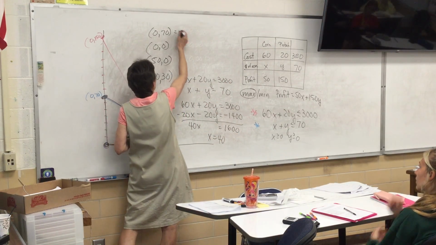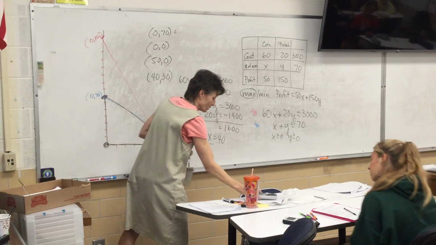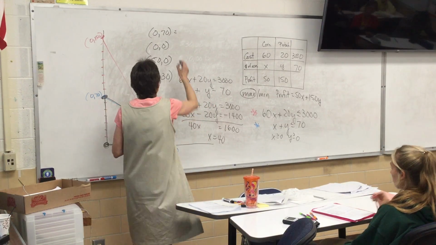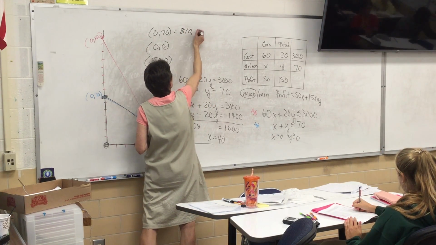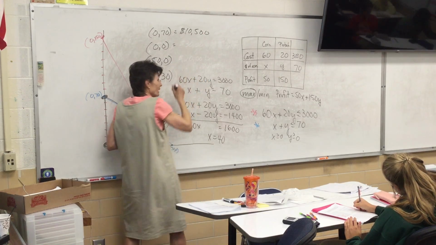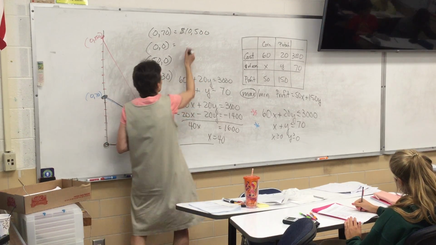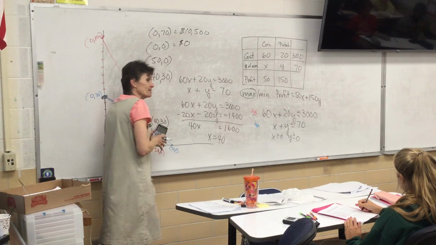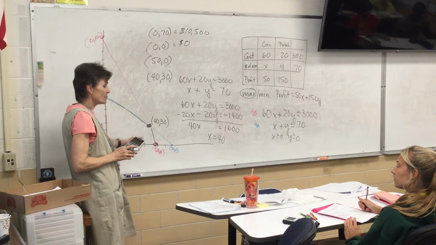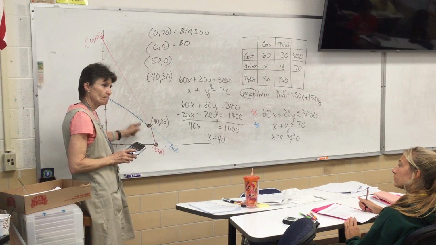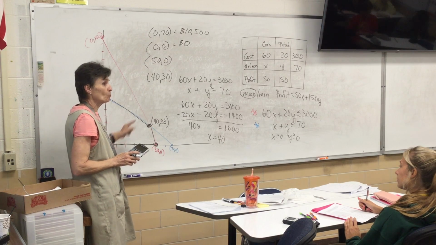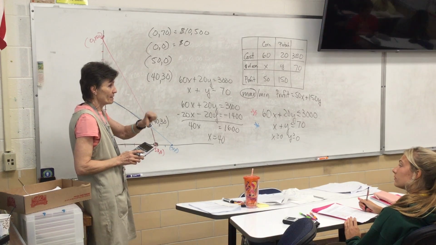All right, what if I plant no corn and all potatoes? I got 10,500. What if I don't plant anything? 0. I don't know if I said this to you the other day or not, but the feasible region that you get always gives you both the max and the min.